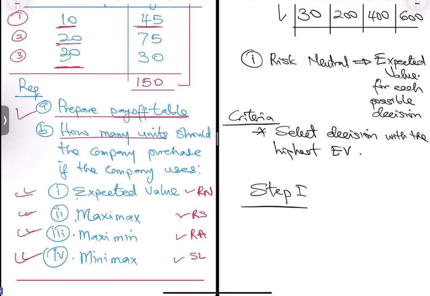So for expected value, the first thing you want to do is to calculate expected value for each decision. That's step 1, so let's do that quickly.